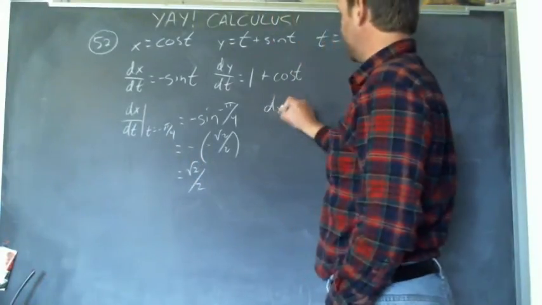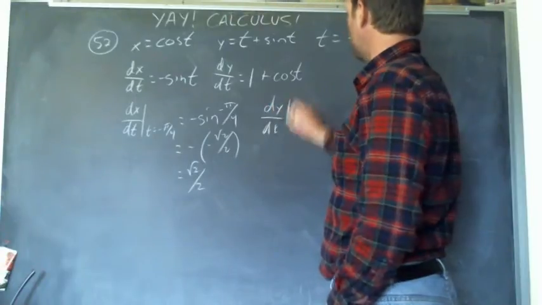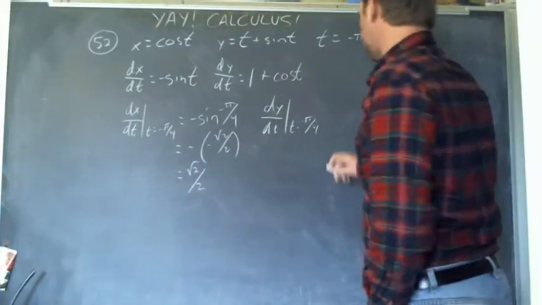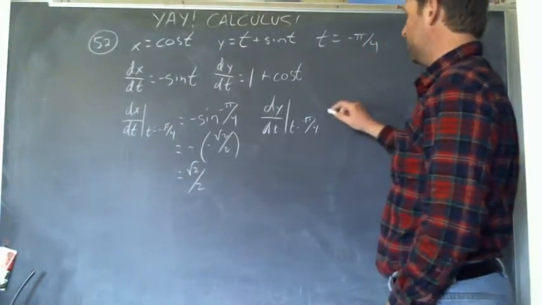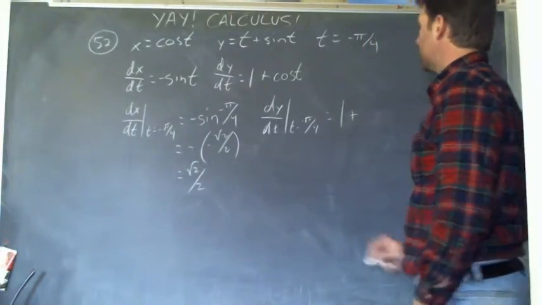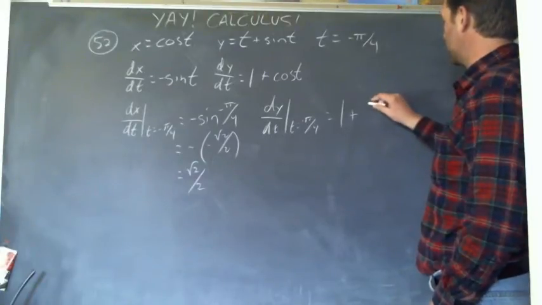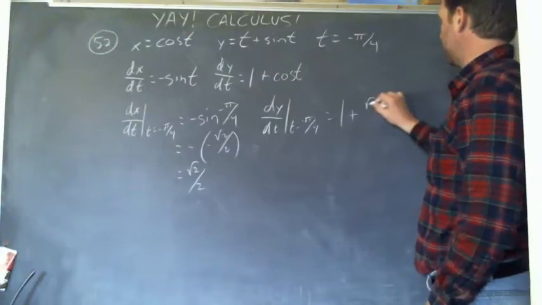dy dx, or sorry, dy dt, evaluated at t equals negative pi over 4, would be 1 plus cosine of negative pi over 4, which is the same as pi over 4. So its x value. So that's just radical 2 over 2.